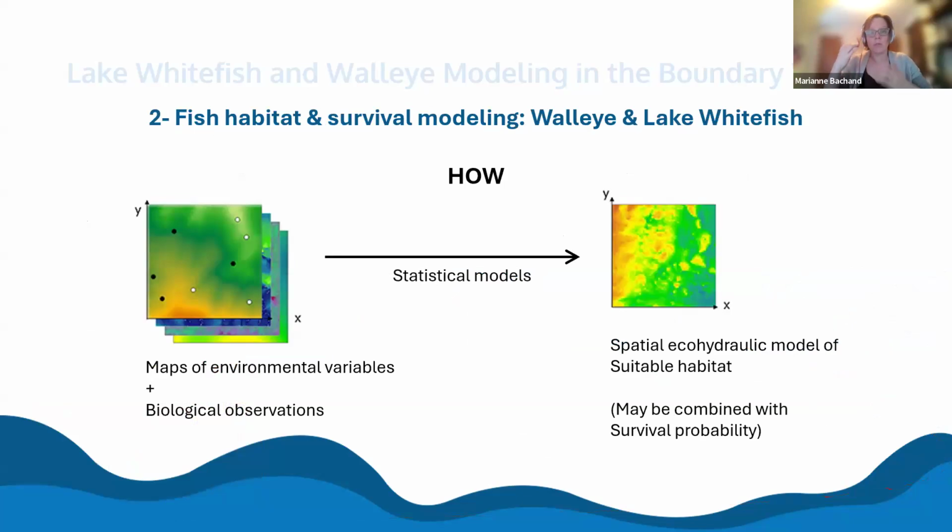So how do we use the different environmental variables that we are producing? Let's say, for example, that you have a survey of a specific species. So you have dots of observation with a date. And for us, it doesn't matter if it's recent or if it was in 1972.